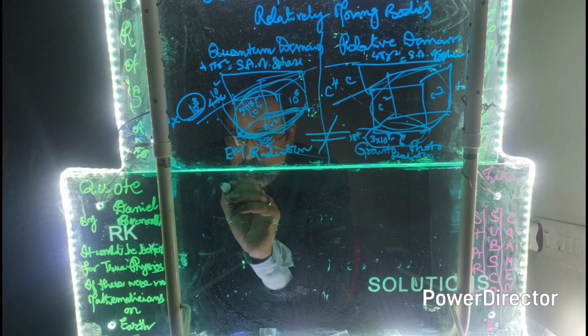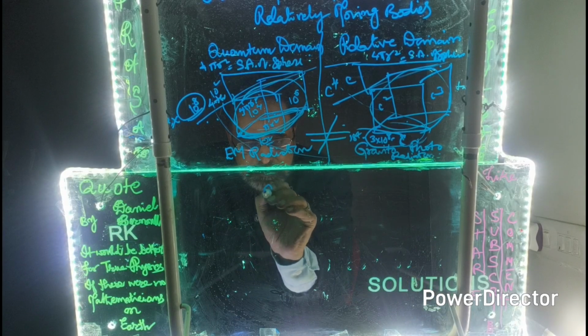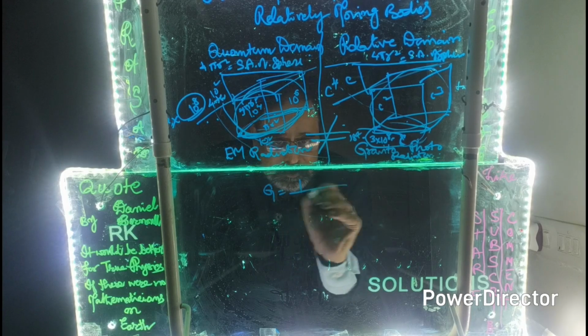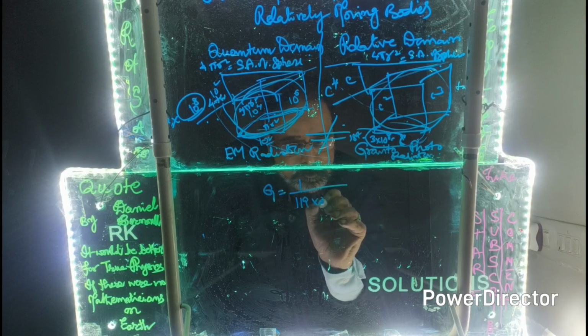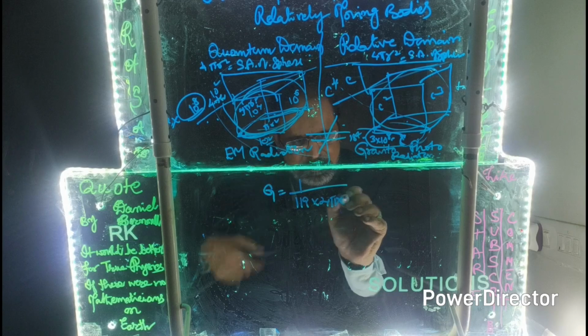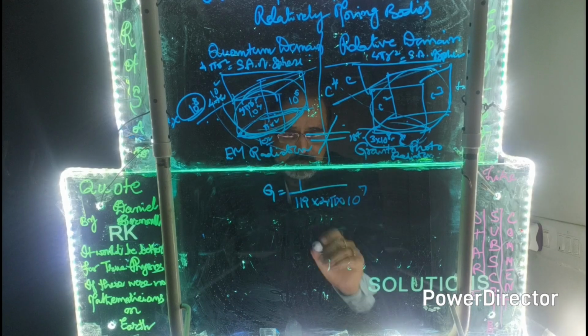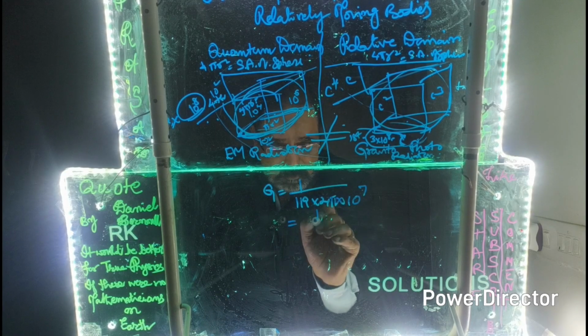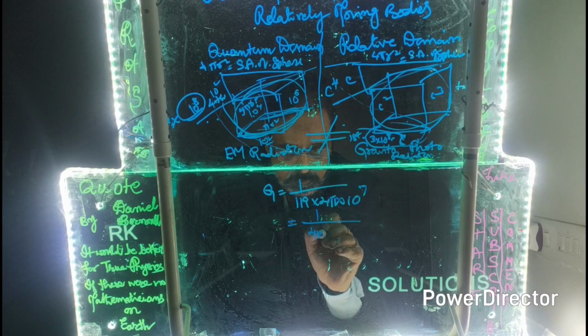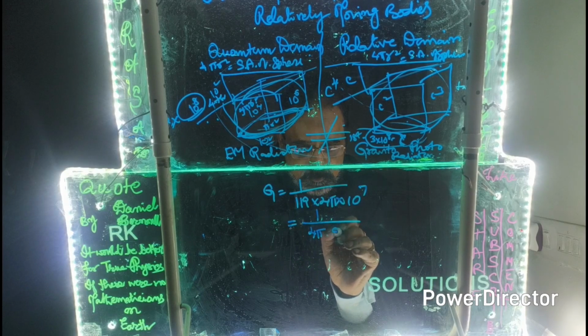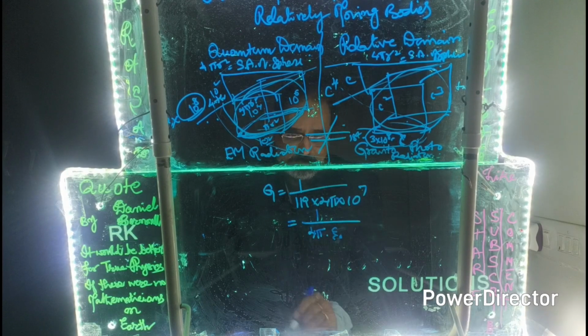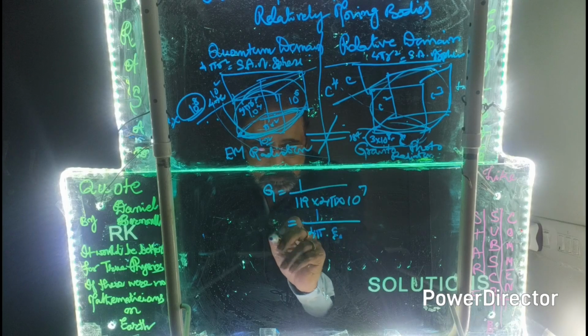Let us see. We have computed G as 1 by 119 into 4 pi into 10 raised to 7. This we can as well write as xi naught. This was what we derived.